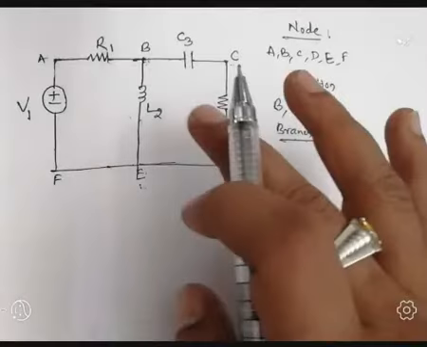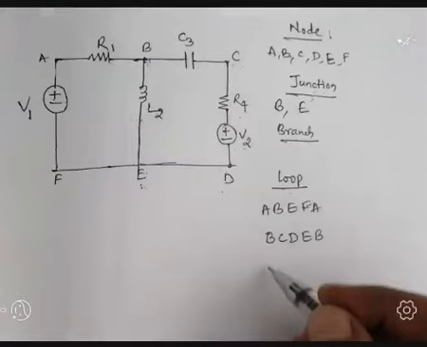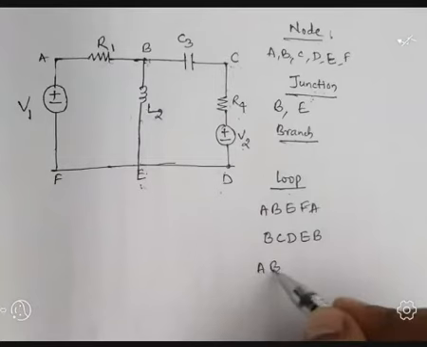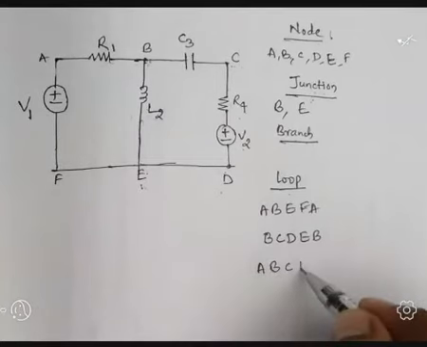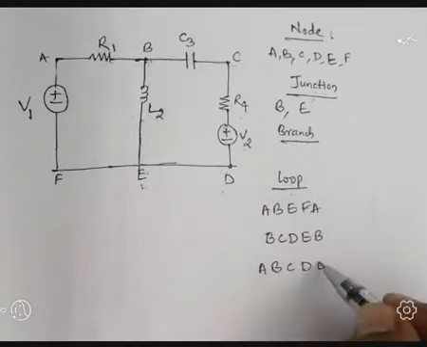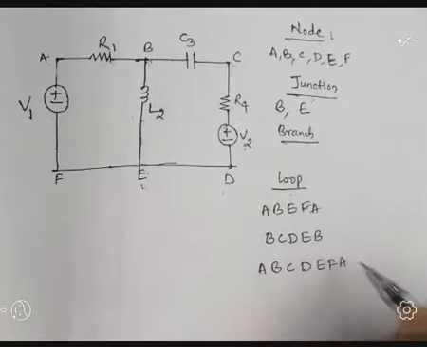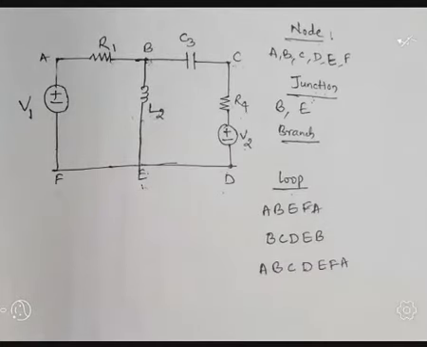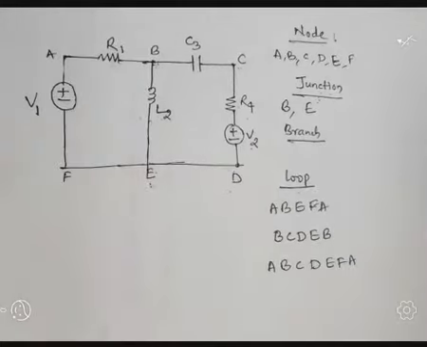We'll take the outer loop, that is A, B, C, D, E, F, A. It is the example of the outer loop. So this is about the basic concepts of node, junction, branch, and loop.